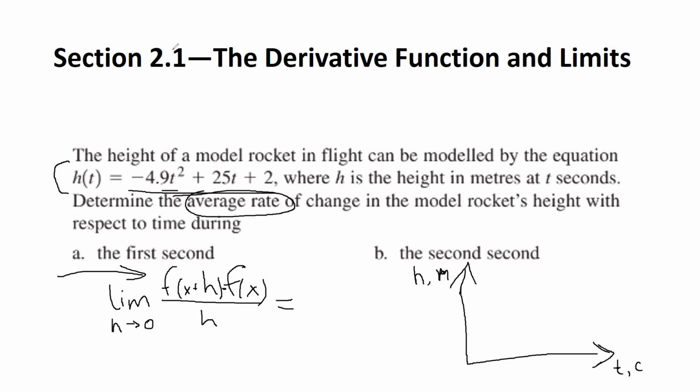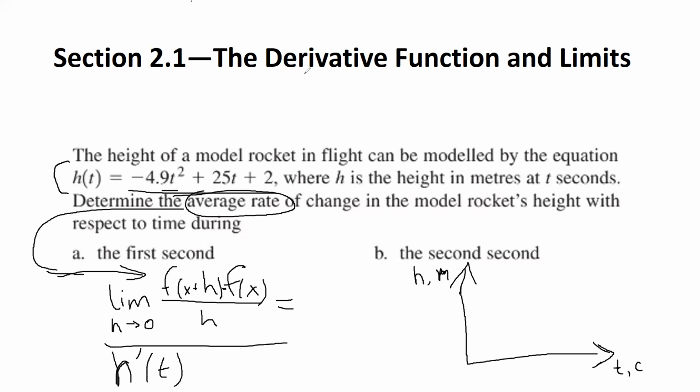Instantaneous rate of change? Same thing, it's in the same formula. Exactly. Instantaneous rate of change would be either the limit formula or the derivative of this function, okay? It would be h prime of t, right?